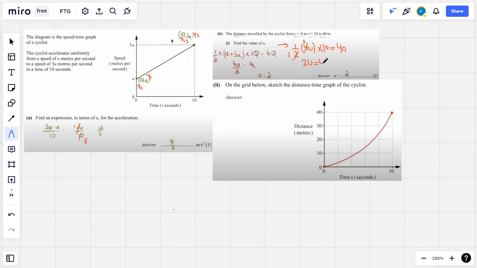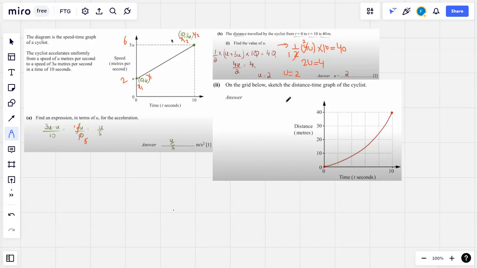So 40 divided by 10 equals 4, and this u is shifted to the other side and divided by 4 to give the answer of u, which comes out as 2. The speed at the start is u, so u equals 2 means 2 meters per second. If this is 2 meters per second, then 3u will become 6.